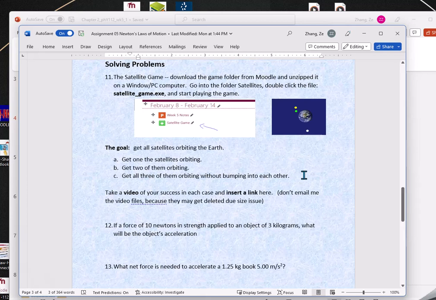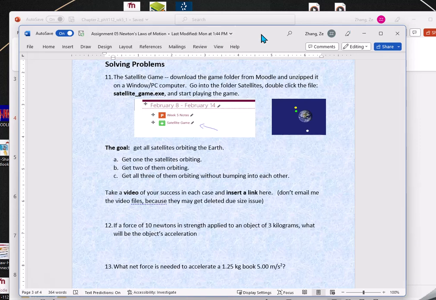Now let's solve a problem as an exercise on Newton's second law of motion. If a 10 Newton force is applied to an object of 3 kilograms, what will be the resulting acceleration? This is a direct application of Newton's second law, and we just use the formula.